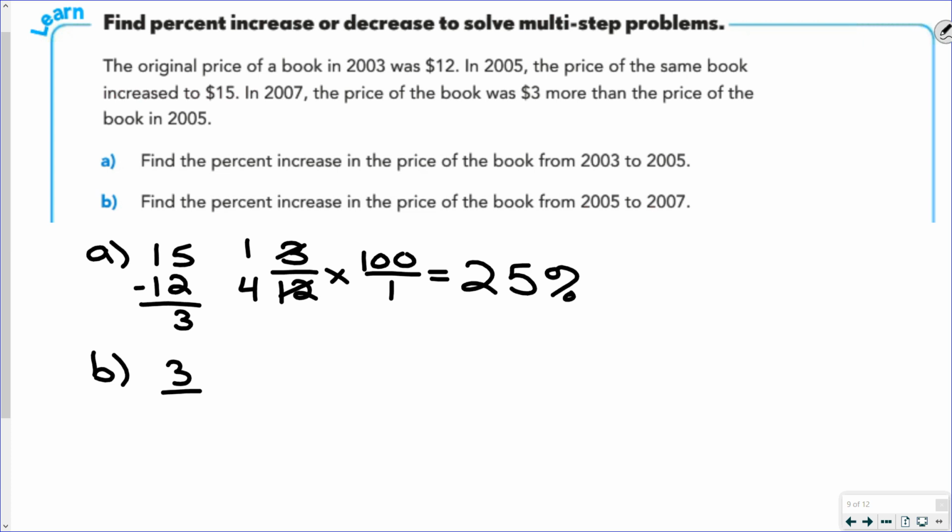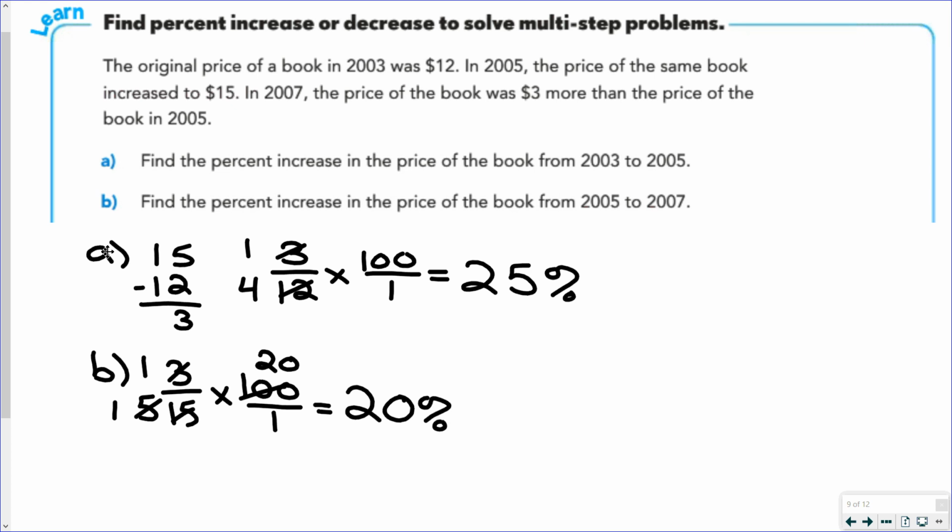Our original is now 15 because we're starting in 2005, and in 2005 the price was $15. Then we multiply that by 100 over 1. 3/15 simplifies down to 1/5, and we can divide both 100 and 5 by 5 to get 1 and 20. So we'd have an answer of 20%.